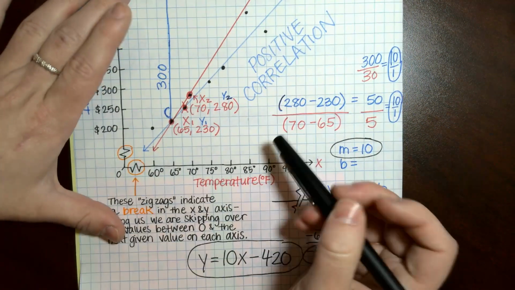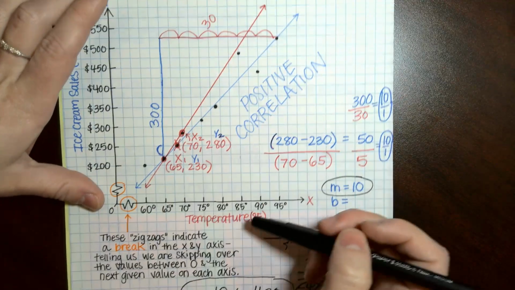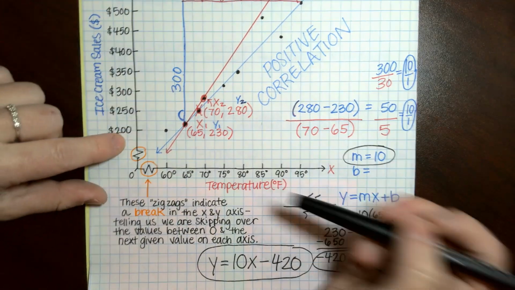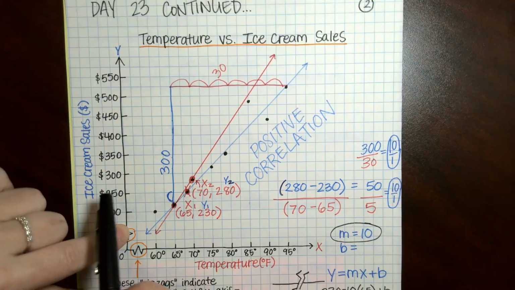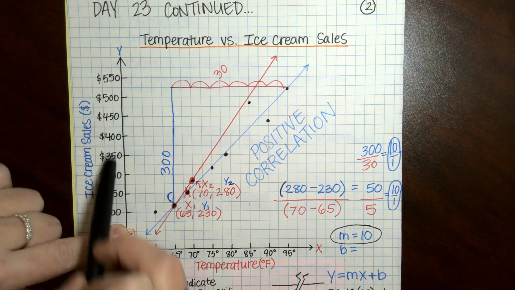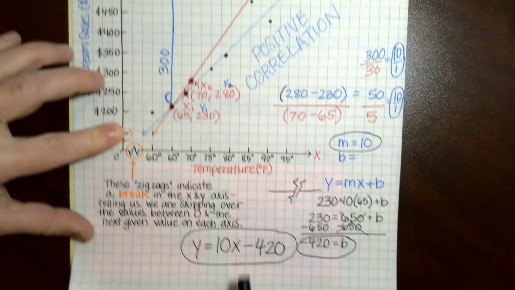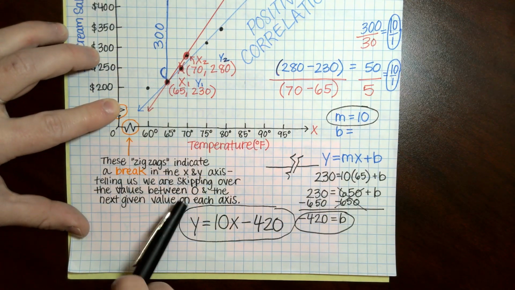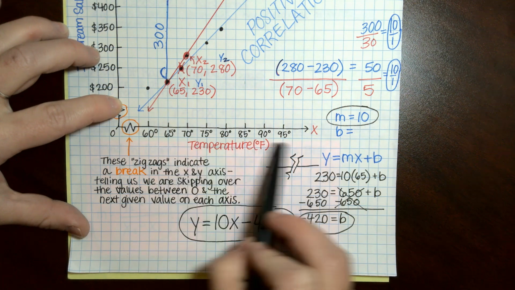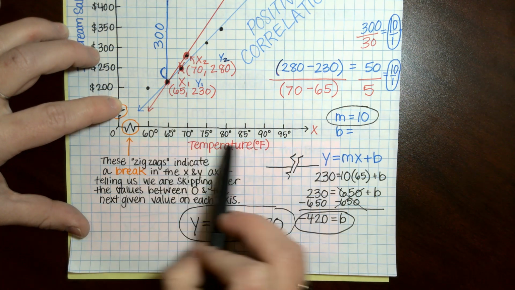Same thing with any of these points. If I want to know what temperature it is whenever we make $100, because the money is on my y-axis, I would plug in 100 for my y, and I would solve for x. It would give me the temperature, which is on the x-axis.